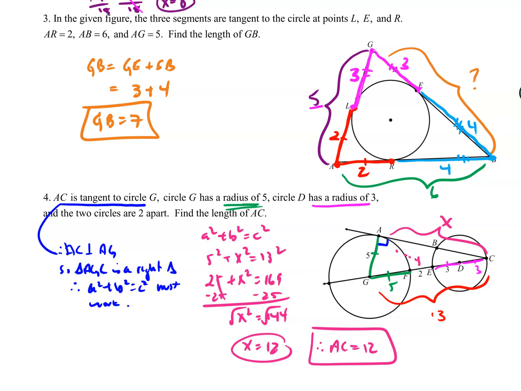So CG would be my hypotenuse. So I just have to add all of that together to get that value. Again, I'm utilizing the information of the radius from each circle to find those other missing parts. So the total of CG is 13. Plugging that in for C and solving, X was 12, and X is, in fact, AC, what we want. So therefore, that is my answer for AC.